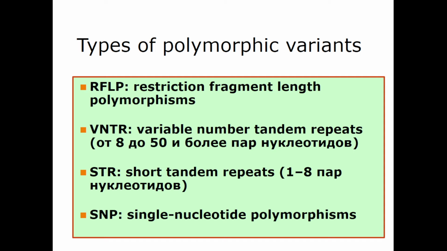And on this slide, you can see the main types of polymorphic variants. And I take for you only the more famous: restriction fragment length polymorphism, variable number tandem repeat and short tandem repeats, and single nucleotide polymorphisms.